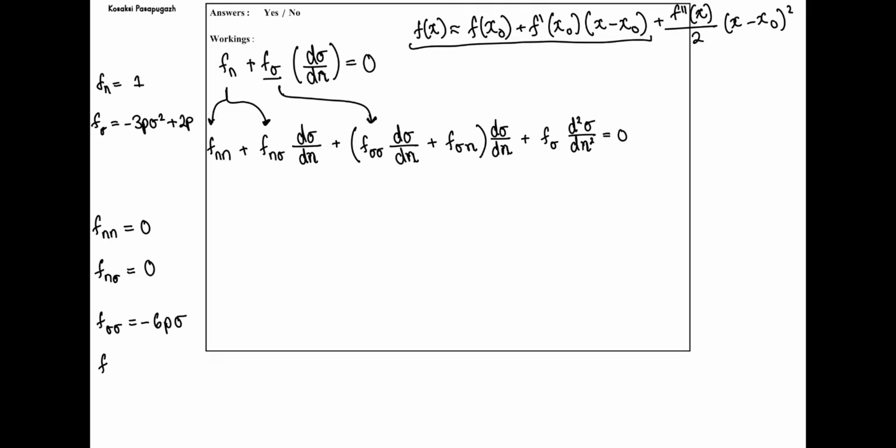And if we differentiate that with respect to eta this time, we get 0 because, of course, there's no etas there.